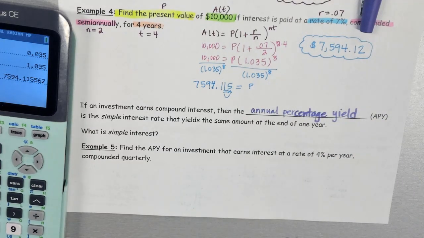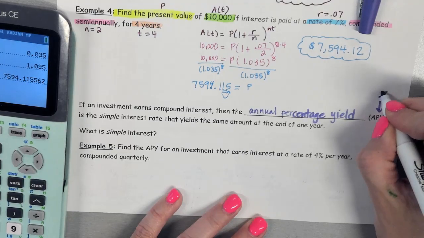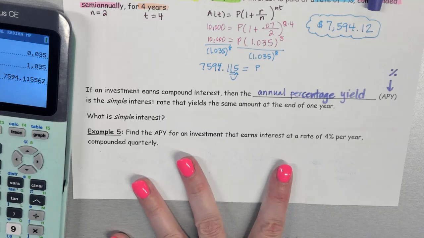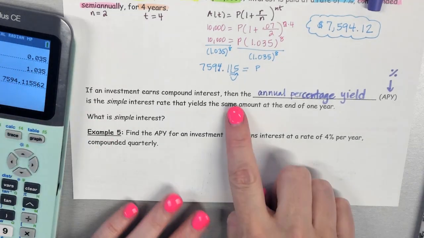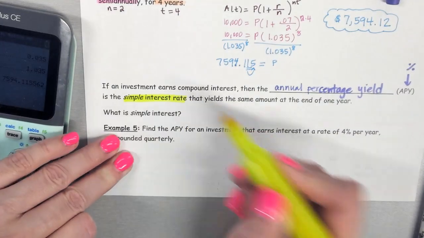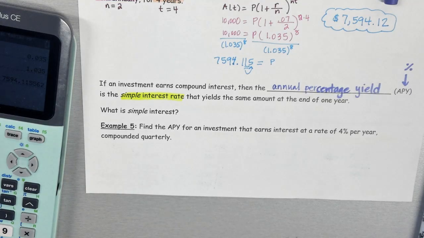Okay, so the annual percentage yield is going to be a percent. Okay, so the annual percentage yield is going to be what is called the simple interest rate that yields the same amount at the end of 1 year.